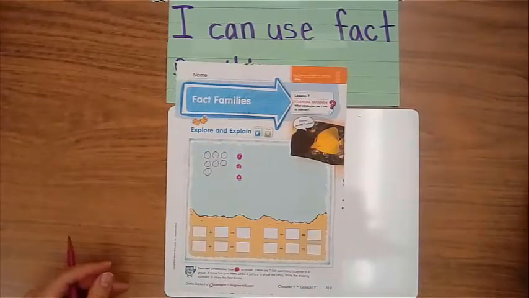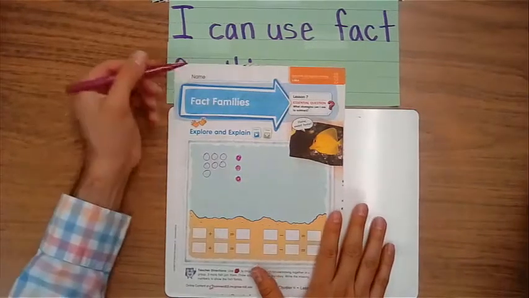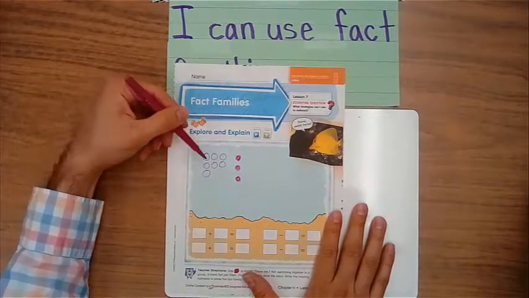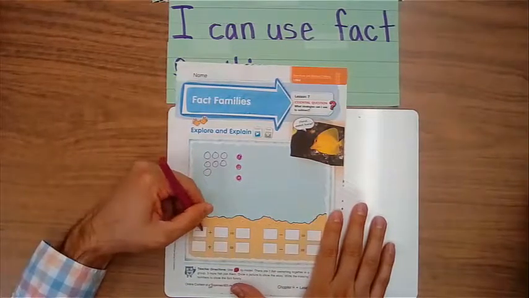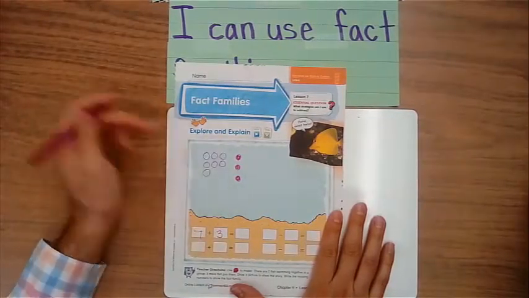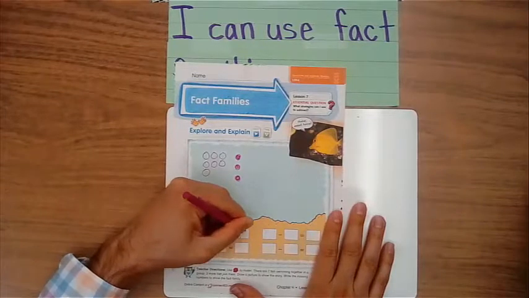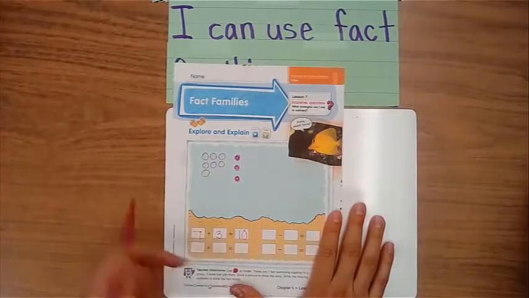Okay, so now it says, write the missing number to show the fact family. Well, let's see, it says to make a fact family. So I know that if I have 7 and 3, that makes 10. So I have my 3 family members now, 7, 3, and 10.